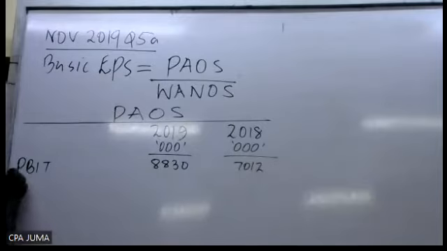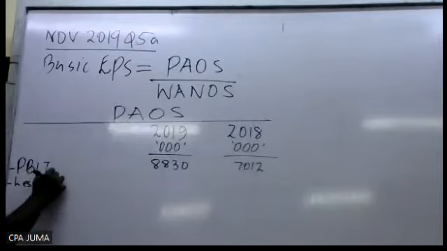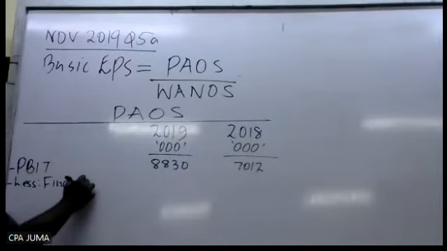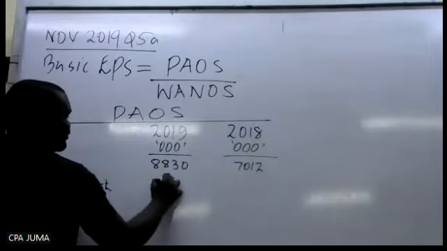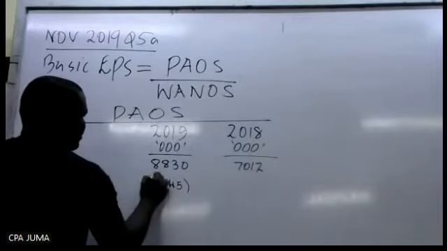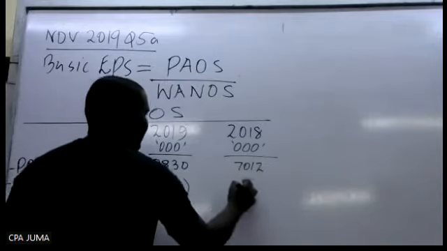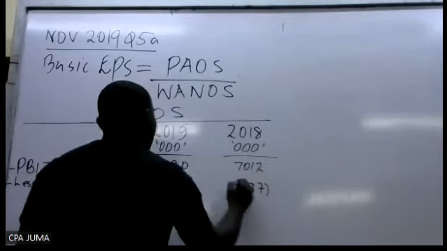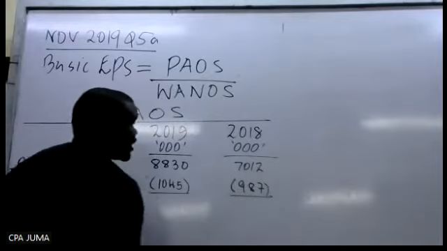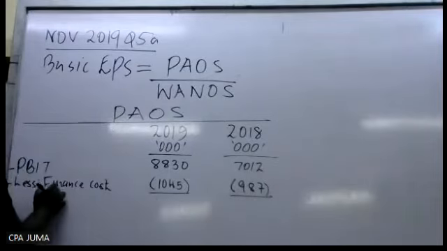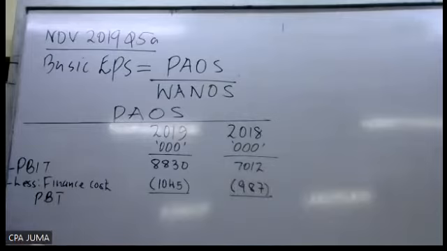Then less finance cost, which is interest. Interest comes first. Finance cost is 1045, then 987. What you get after that is profit before taxation.